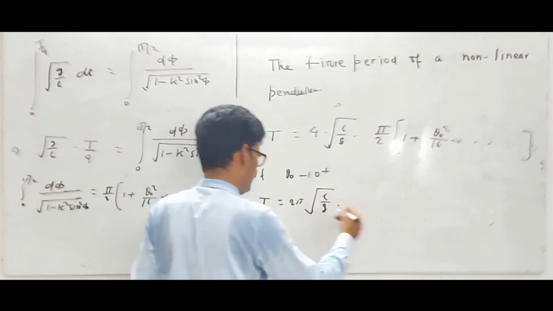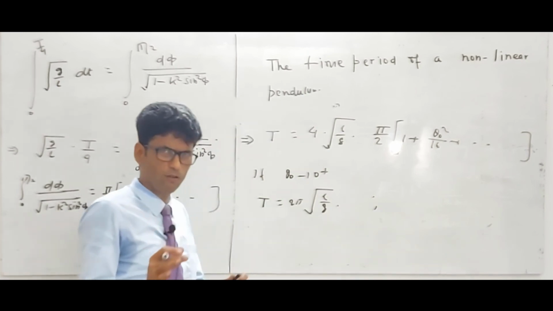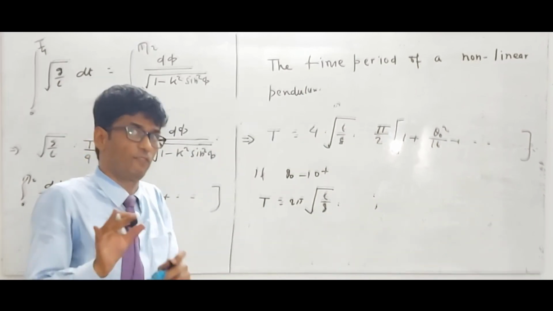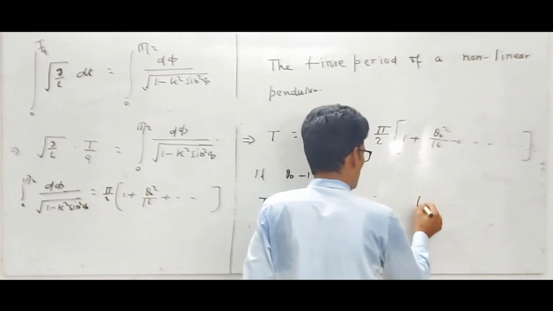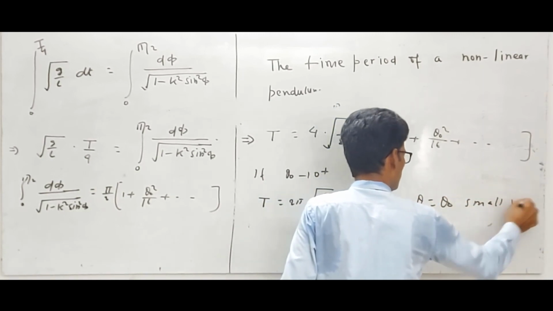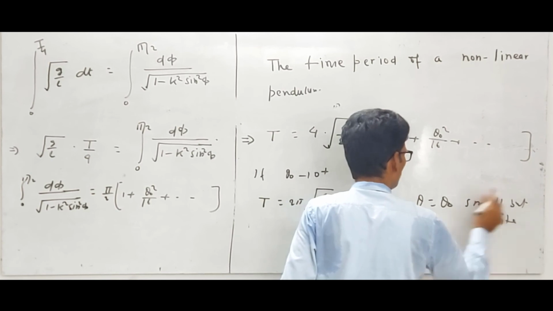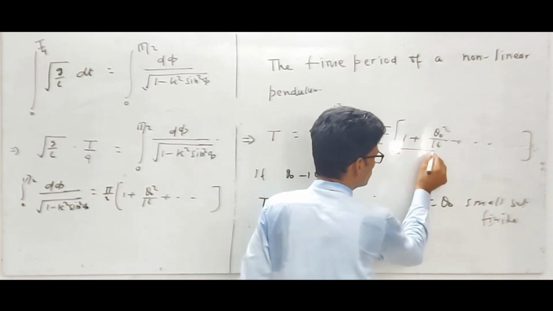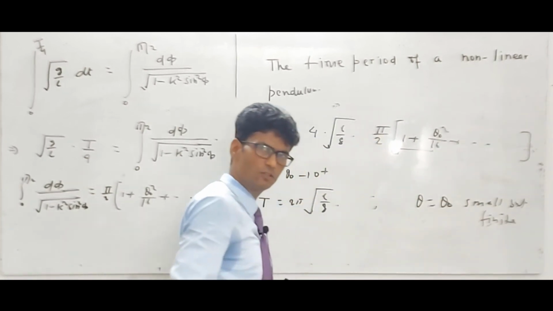If theta naught is not very large but small and finite, not tending towards 0, we may take the first two terms and leave the higher order terms.